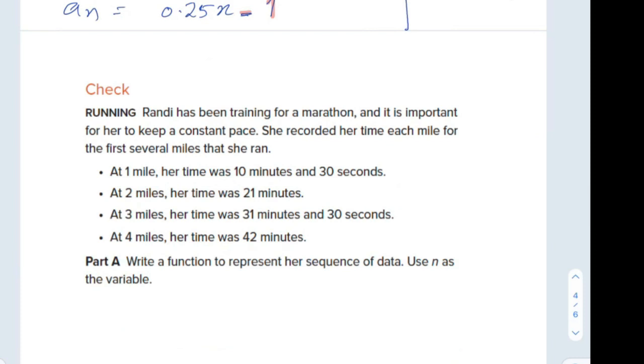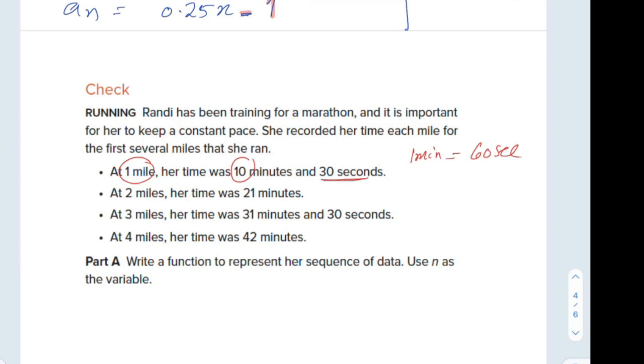Randy has been training for a marathon, and it is important for her to keep a constant pace. She recorded her time each mile for the first several miles that she ran. At 1 mile, so term number 1, her time was 10 minutes and 30 seconds. Since it was mixed the minutes and the seconds, we will convert the seconds into minutes. And everyone knows that 1 minute is equal to 60 seconds.